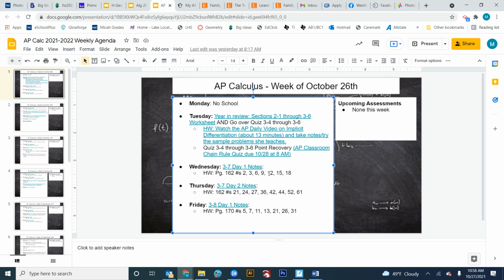Yes. Could you treat the first term as 18x and the second term as y and do the product rule on that? Yes, either one will work. You could treat the first term as 18x, second term as y, or constant multiple 18 and then product rule on x times y. All right, that's number 2.